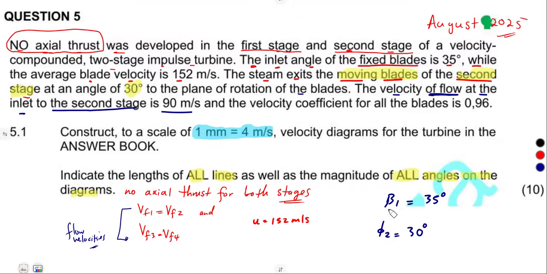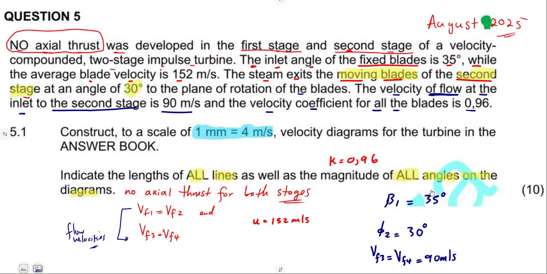So we are given the flow velocities for the second diagram, VF3, which is the same as VF4, that is 90 meters per second. And the velocity coefficient for all the blades is 0.96. The coefficient of friction K is given for all blades as 0.96.